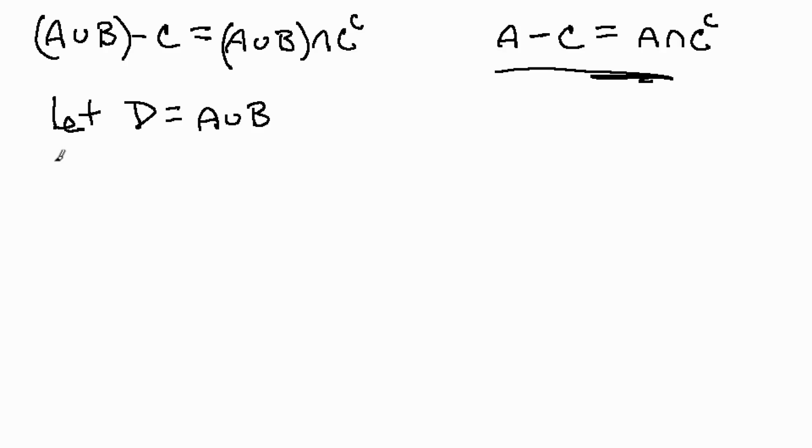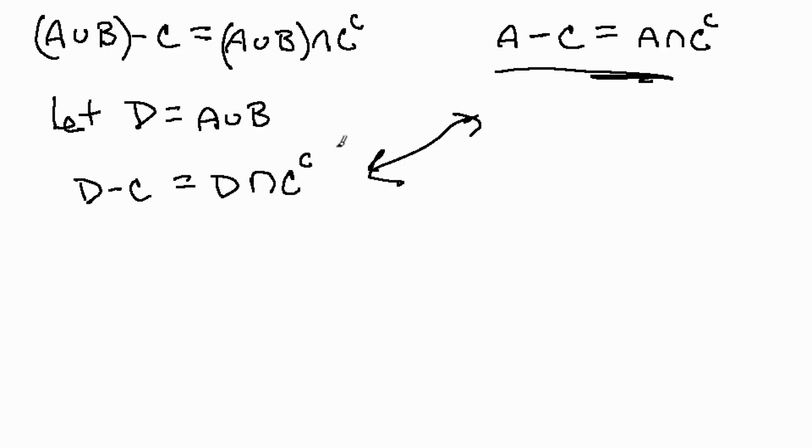Then rewriting this, we get that D minus C is equal to D intersection C complement. Well, goodness, that looks just like that theorem over there, just where the A became a D. Okay, that's all you need to do for the proof.